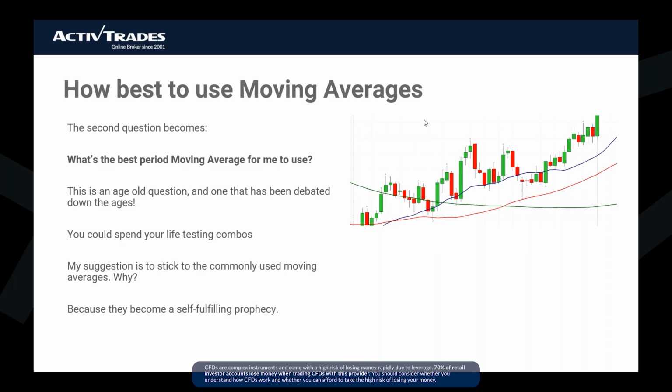Personally, my suggestion after years of experience is to just stick to the commonly used moving averages. Why is that? Because you will find that they generally tend to become a self-fulfilling prophecy. You have so many people using them that by their very nature they become a self-fulfilling prophecy, and it is perfectly good enough. You could spend an awful lot of time and energy trying to curve fit and fine tune every moving average to every chart.